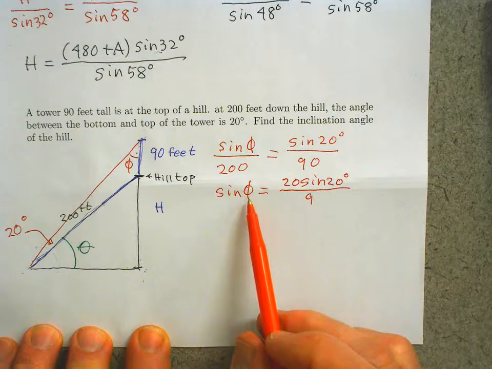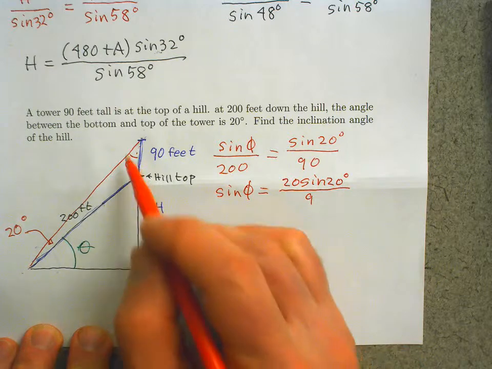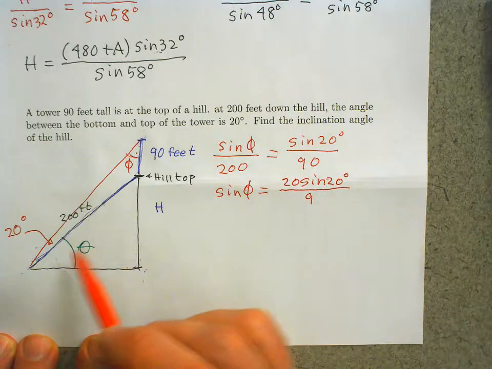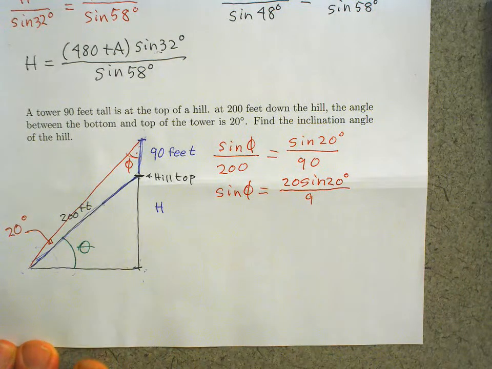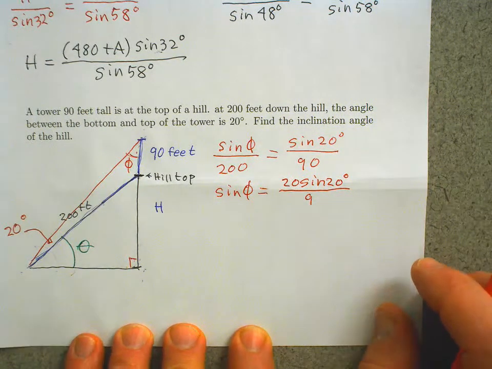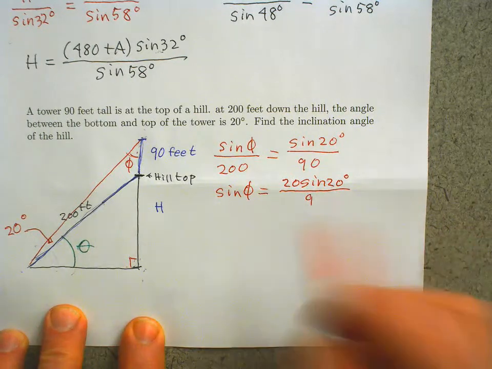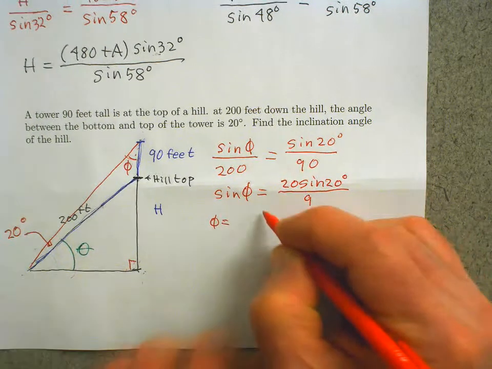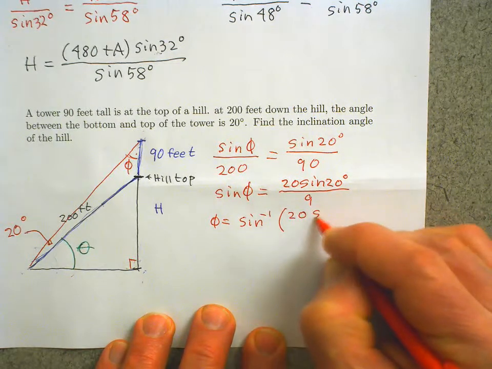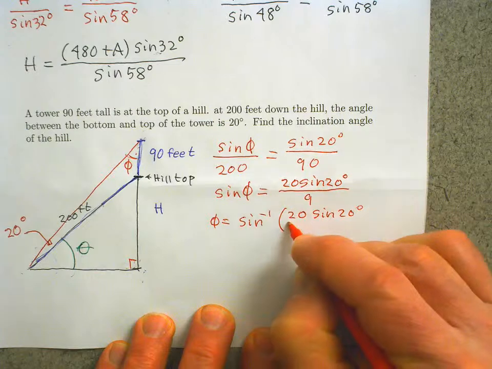Okay, then when we know what angle phi is, we can determine what theta is afterwards. So phi is the inverse sine of 20 times the sine of 20 degrees divided by 9.